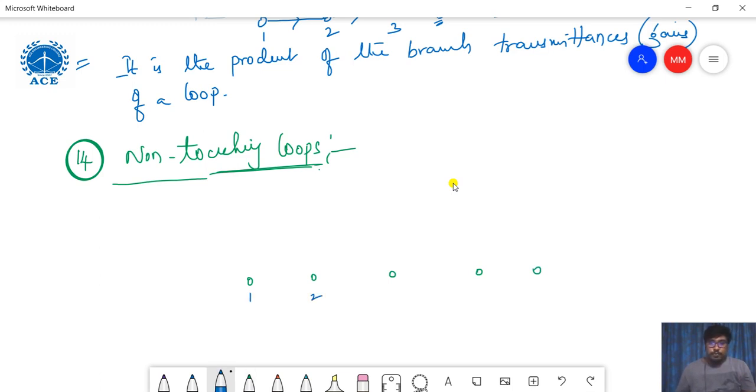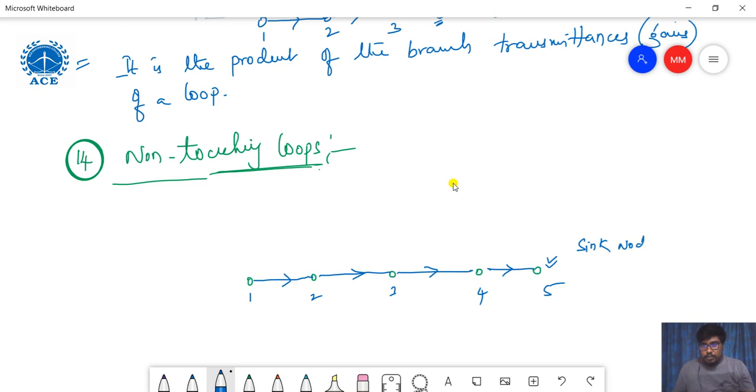I'm naming the nodes up to 5. So this is the forward path, which is from the input node to the output node. I forgot to say the output node is also called the sink node.